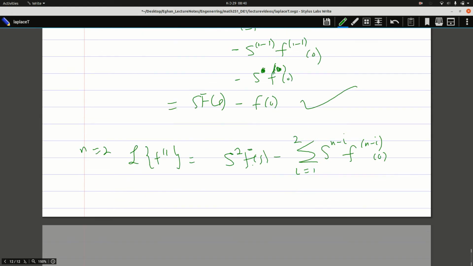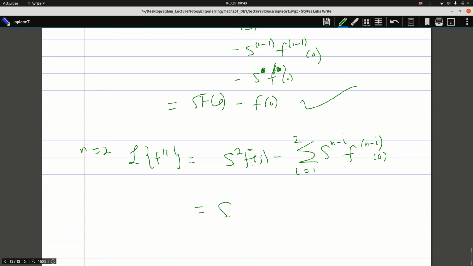When n is 2, I have s squared F of s minus, at i equal to 1, s to the 1, f to the 0 of 0, plus, at i equal to 2, s to the 2 minus 2 which is 0, and f to the 2 minus 1, which is 1, of 0.